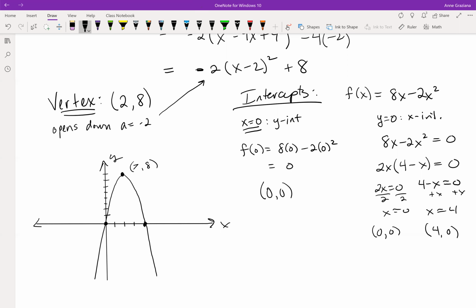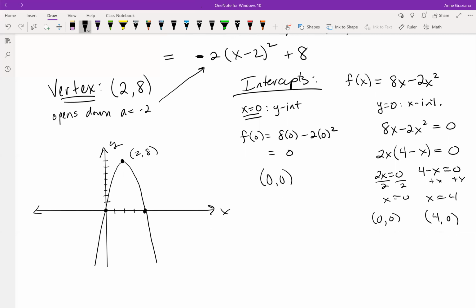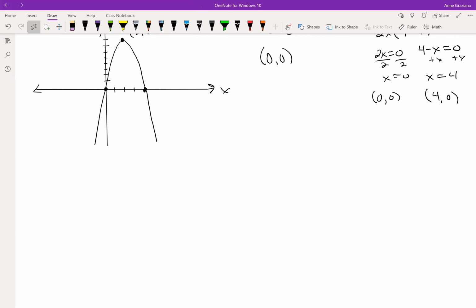Any questions? You guys feel okay with that? All right. Here's one for you to do. So I know this is a review, but based upon this next problem, I'll lead into the next section. But here's one for you.